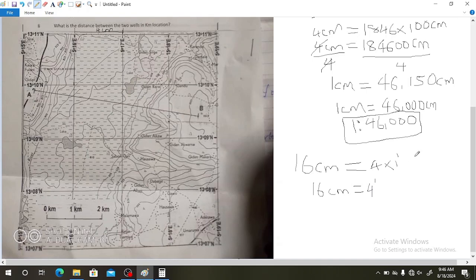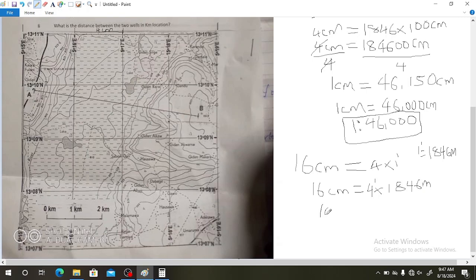And we know the value of 1 minute is 1,846 in meters. We are going to substitute this here and multiply by 1,846 in meters.